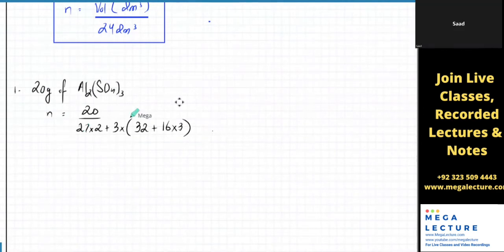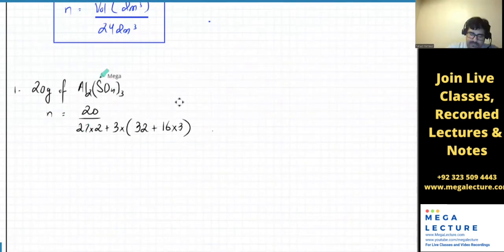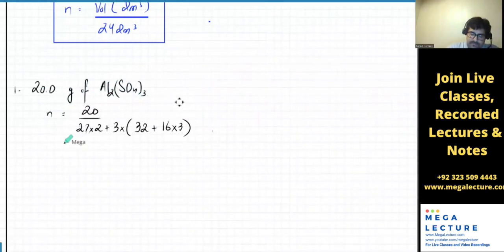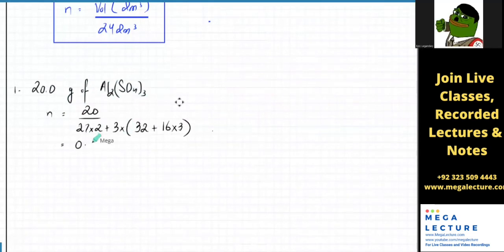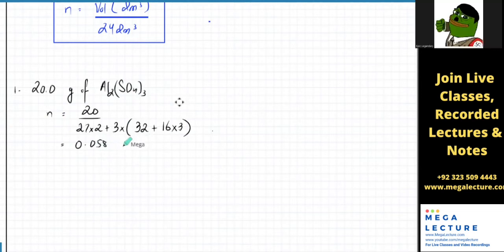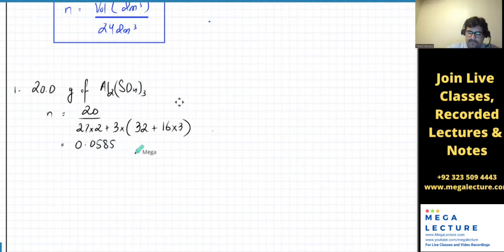So let's say I make this 20.0 grams for a second. So I'm getting 0.058. 0.058? Yes. Are there any numbers after that? 4795. So I'm going to make it 5, right?